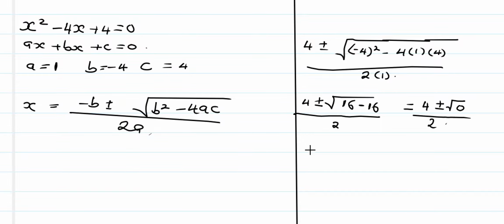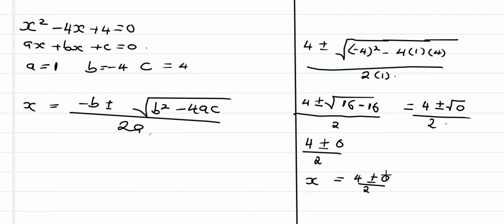In this case, we have 4 plus or minus the square root of 0, which of course is 0, all over 2. So now x is equal to 4 plus or minus 0 over 2.